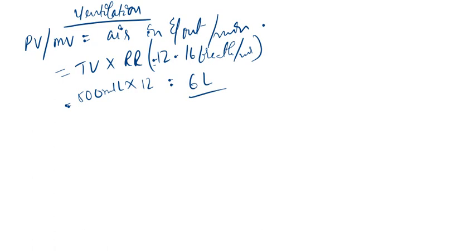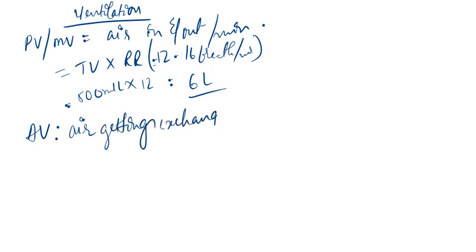Now if you ask me alveolar ventilation. It is air getting exchanged per minute in lungs. That is called alveolar ventilation. Now AV is equal to tidal volume minus dead space into RR.